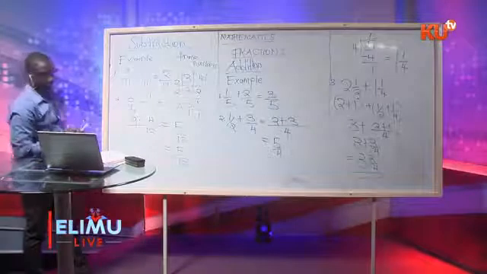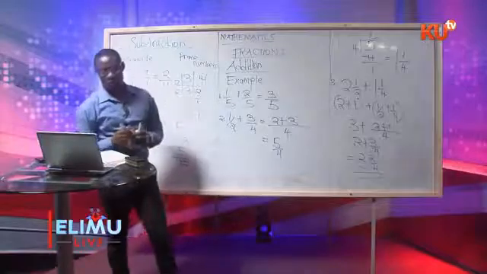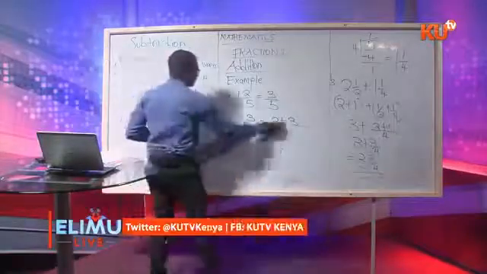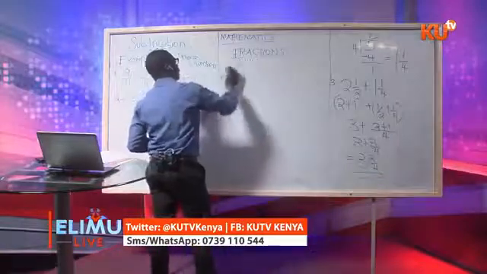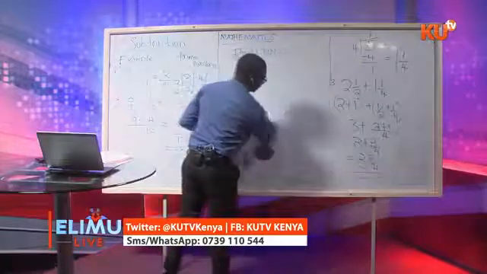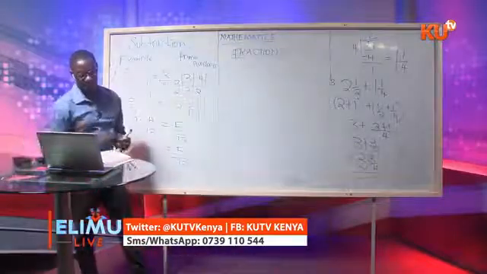So that is addition. So let's look at the other subtraction, which is subtraction of whole numbers and fractions to give us mixed fractions. So the third example is on subtraction of mixed numbers.